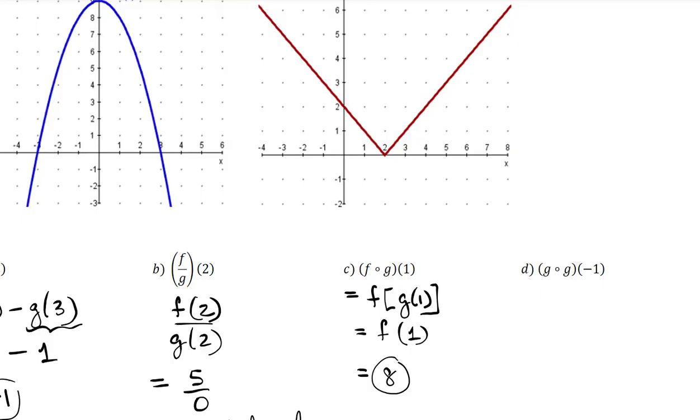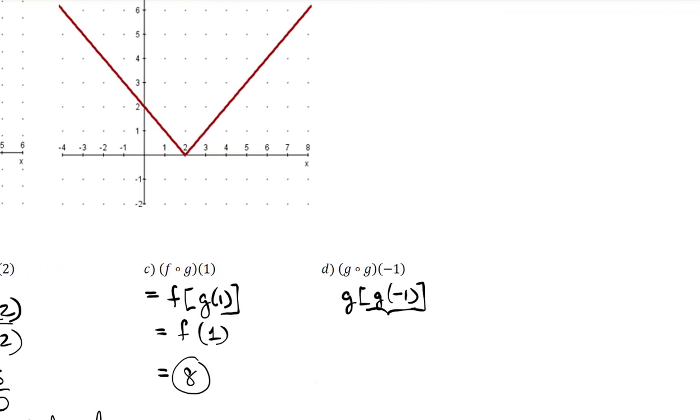And now letter D, this is g circle g at -1. So by its definition, g of g of -1. Again, we'll start with the inside function. For this part, we only need the second graph. G of -1, when the argument is -1, the corresponding output value appears to be 3.